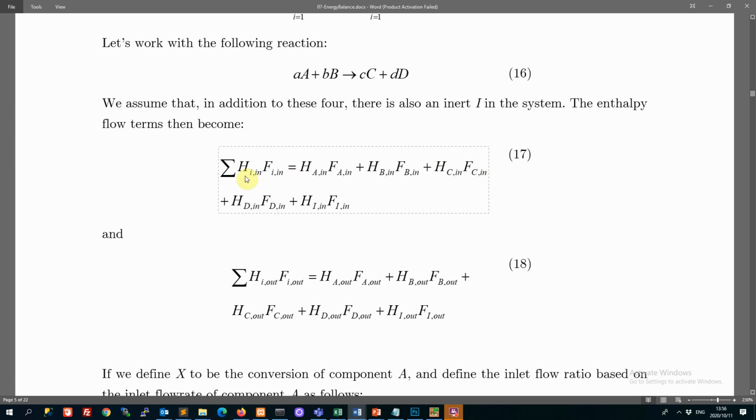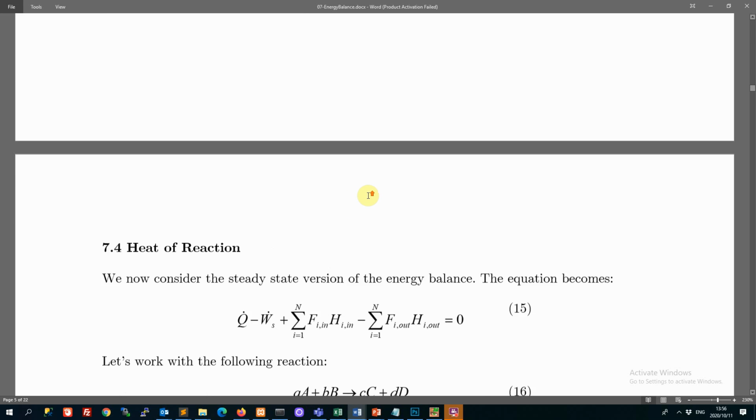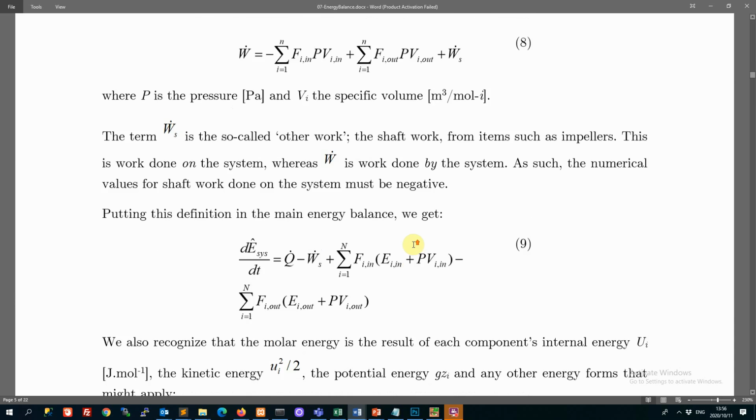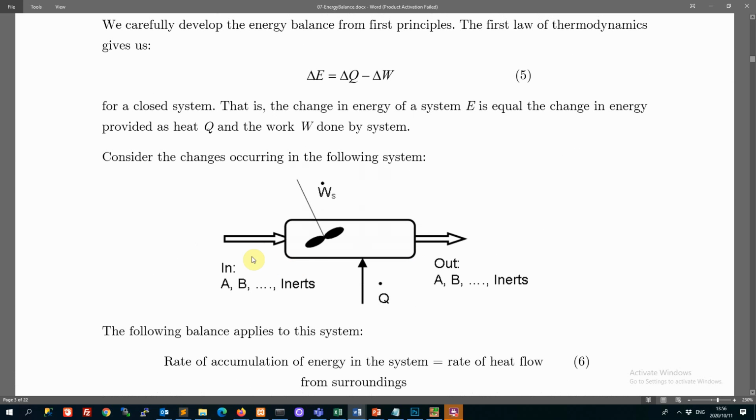But anyway, that's there. And then we have the inert as well. So you've got some molar flow of inert and you've got some enthalpy of that inert. And so we have to include the inert. So even though the inert is doing nothing in terms of the reaction, the inerts are still carrying a certain amount of energy.